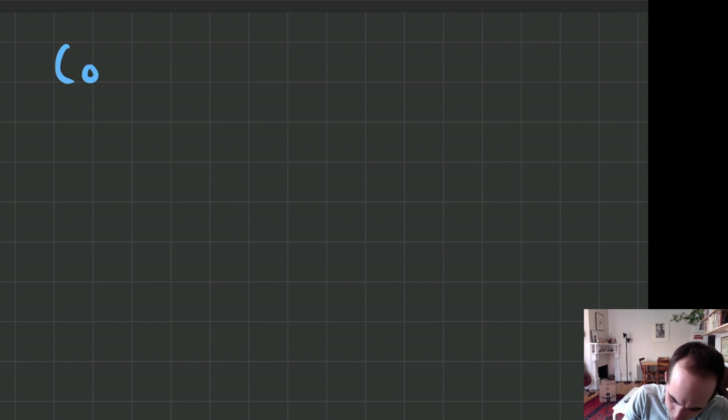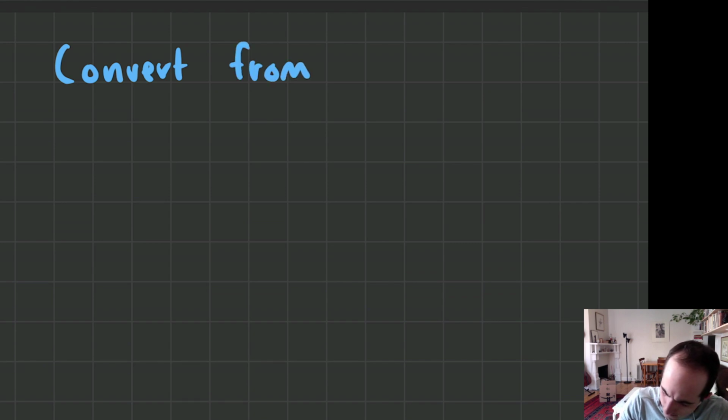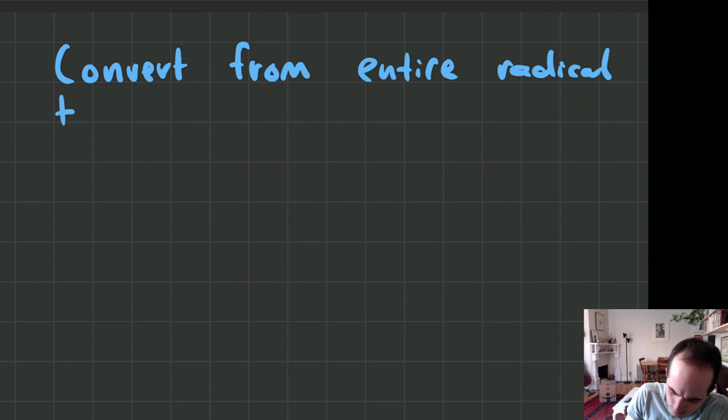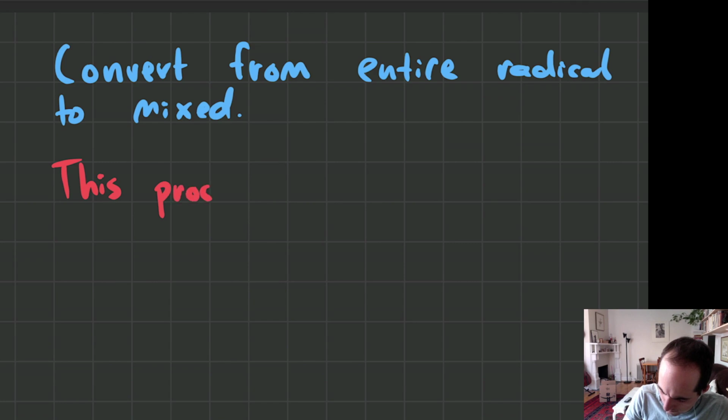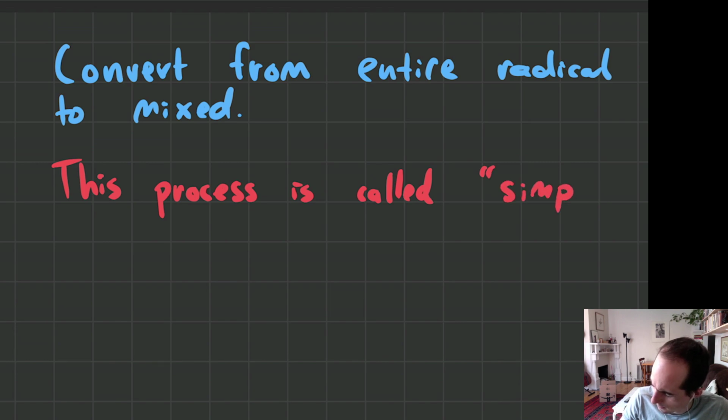So we'll convert from entire radical to mixed. I should also point out that this process is called simplifying.